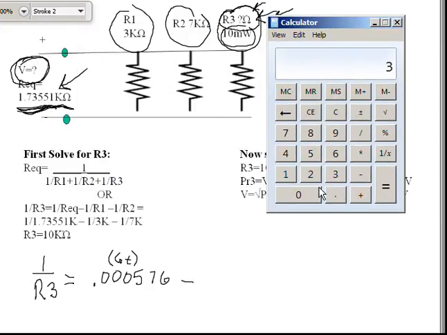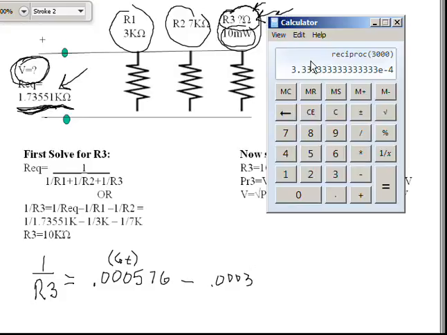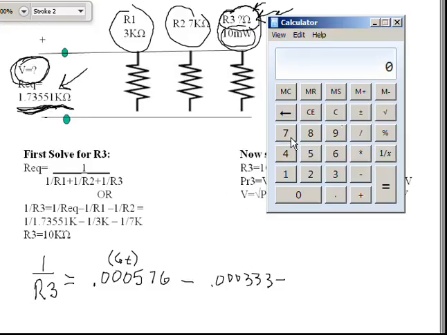So 3K, 1 over X, is 0.0003, and I want to round it to 2 decimal points, 33, minus 7K, 1 over X, 0.000143.